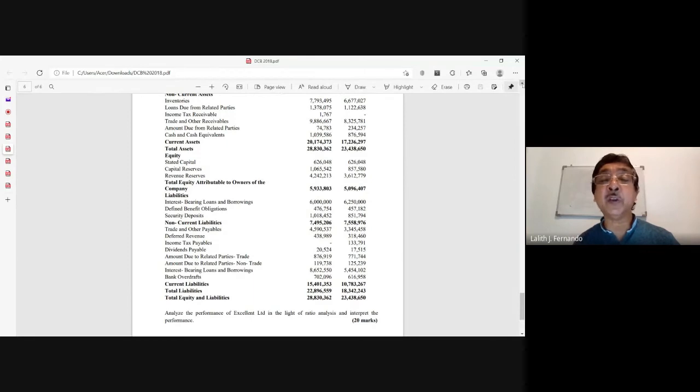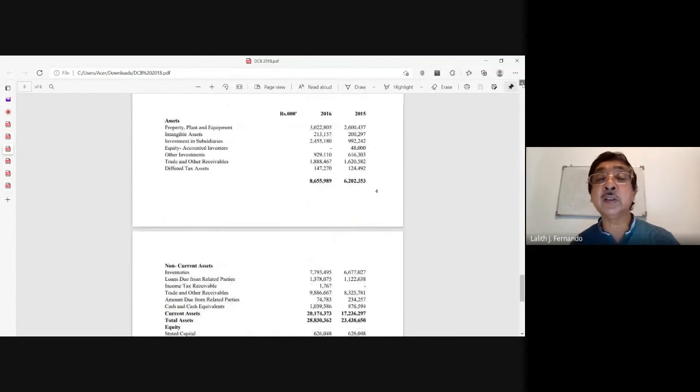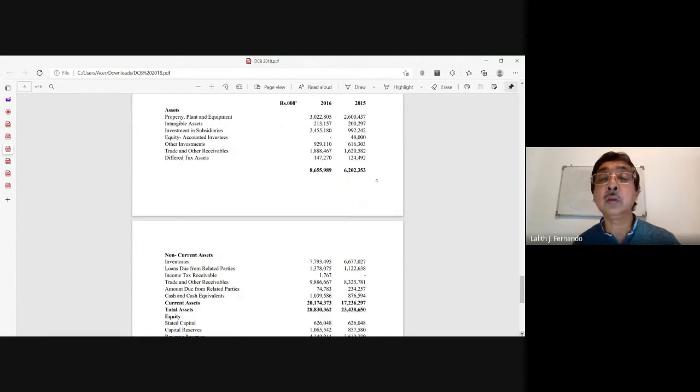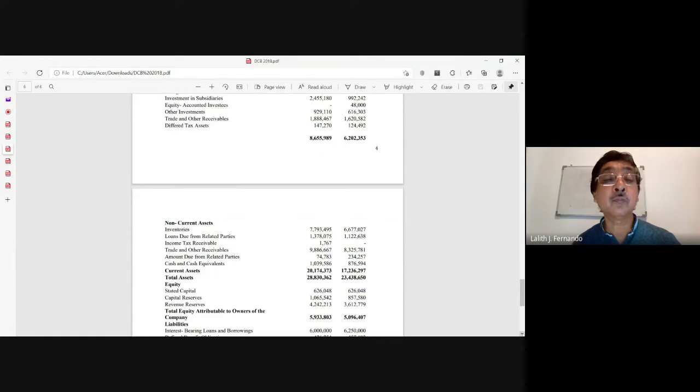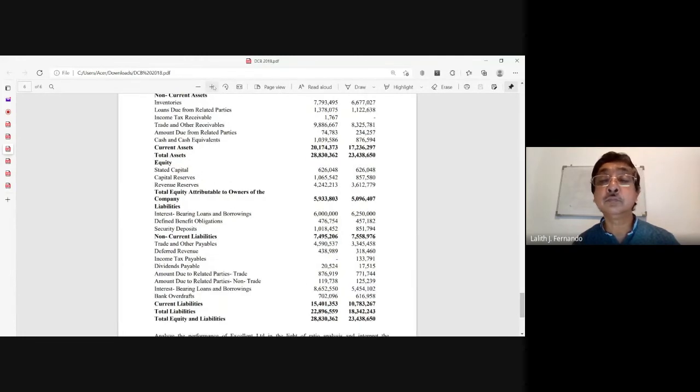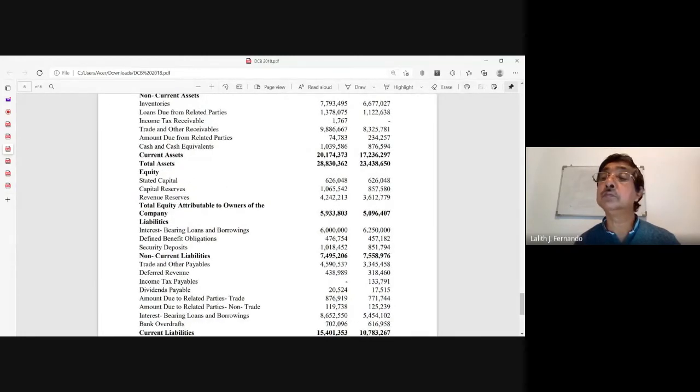First, you calculate current ratio for the year 2016. And for both years, you can calculate current ratio.